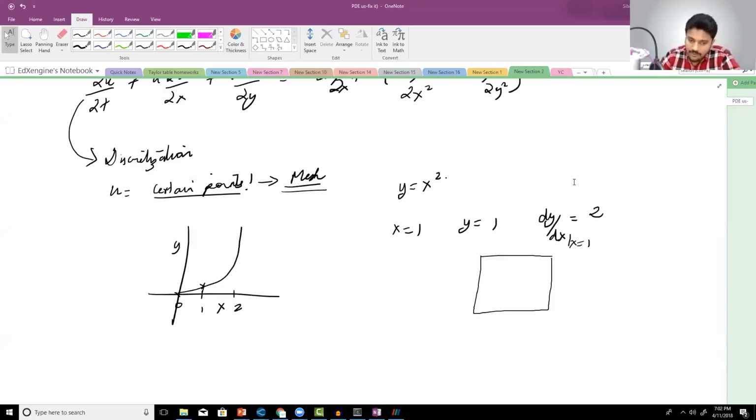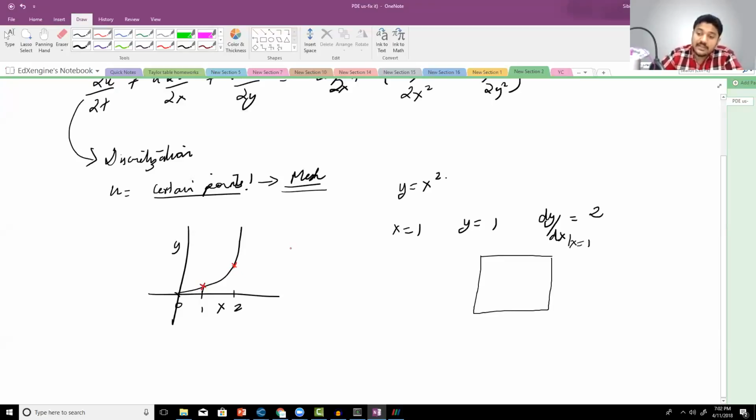Exactly. So now I'm going to approximate this derivative. I'm going to say my domain is not continuous. I'm just going to have 2 points. I'll take this point, and maybe I'll take a point somewhere here, x equal to 2.